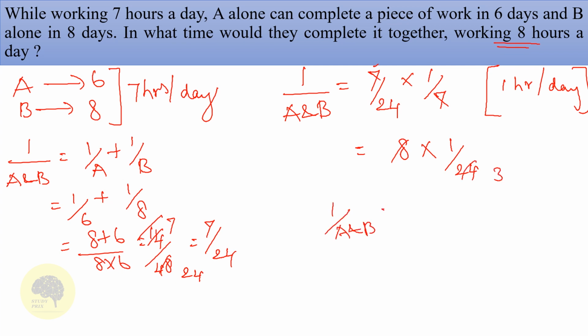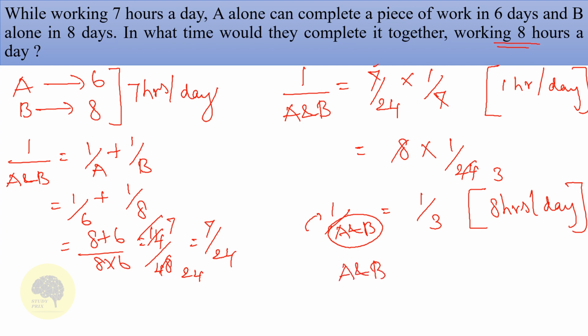And here we get work done by A and B together in 1 day working 8 hours a day. Therefore, we can say that A and B together can complete the work in 3 days working 8 hours a day.